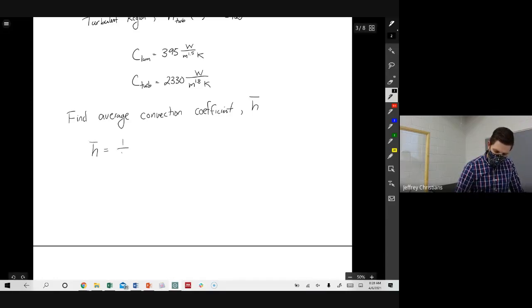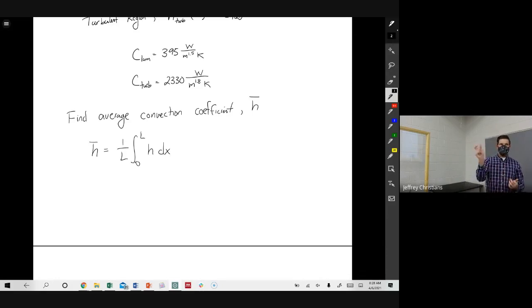Right, and we said last time the average is 1 over L times the integral of H dx for this system. So we're basically putting our model of H in there, summing that over the whole position, over the whole length, and then dividing again by the length to get the average convection coefficient.